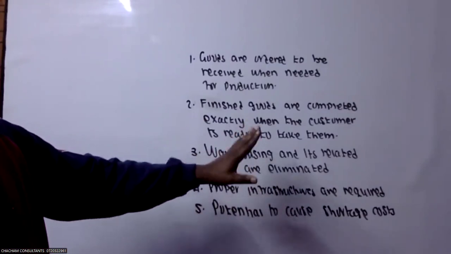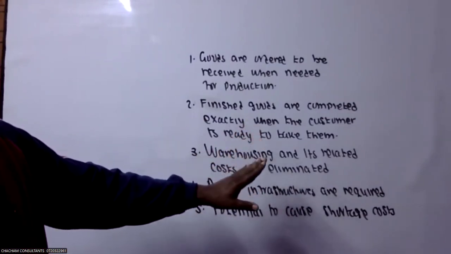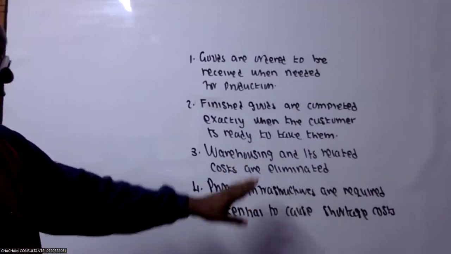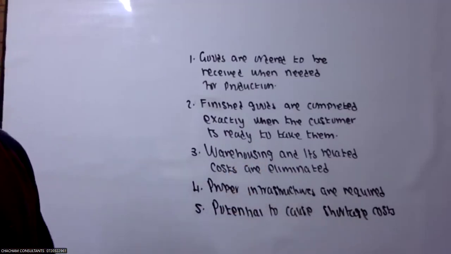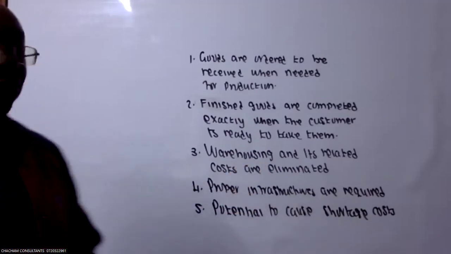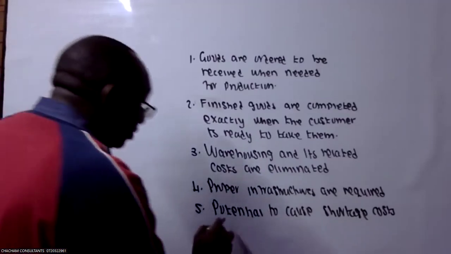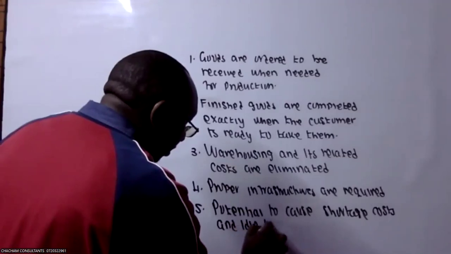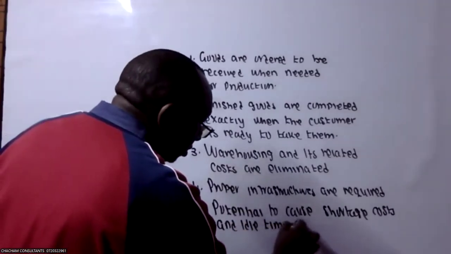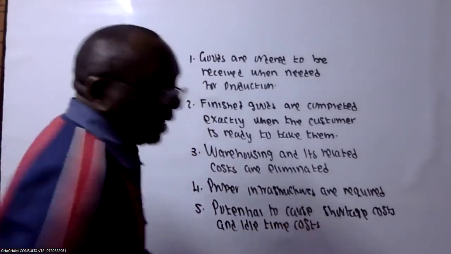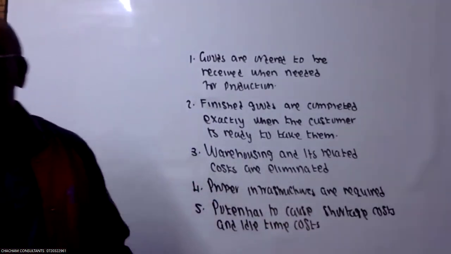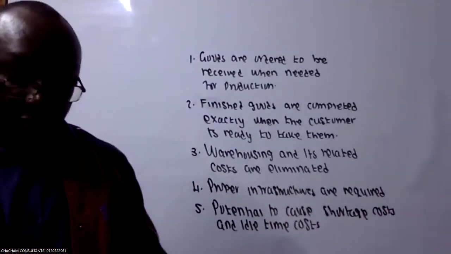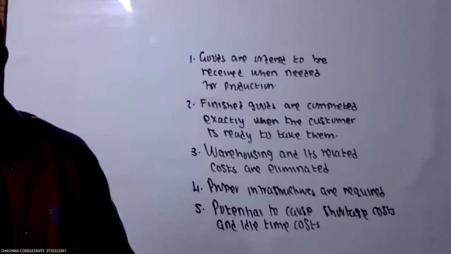And for some reasons, maybe our machine breaks down, or the supplier delays in delivering, we have shortages, including idle time. Actually, I should have said shortage cost and idle time costs. Because there are times our staff will be idle, and so on. So you can continue with that discussion that way.